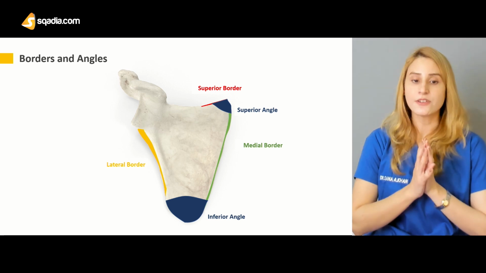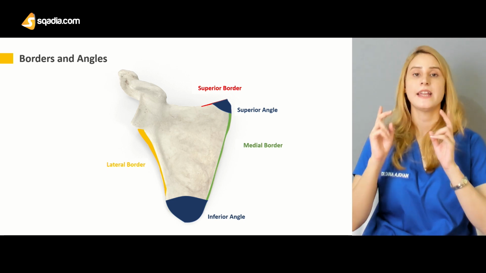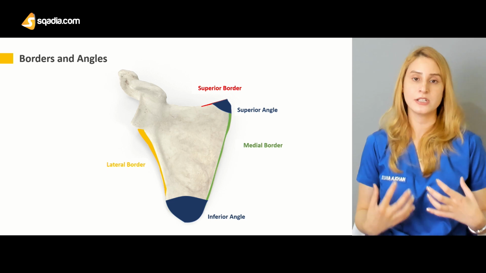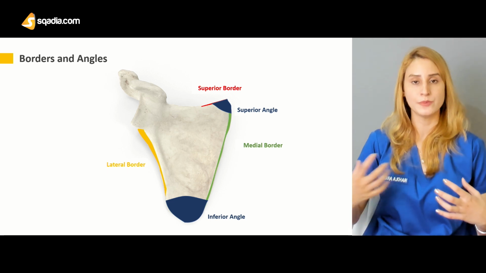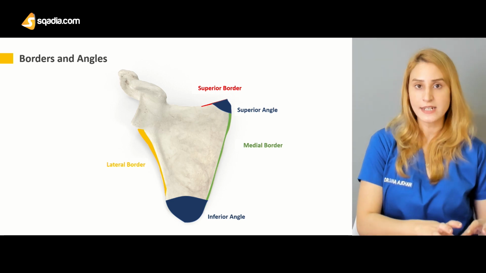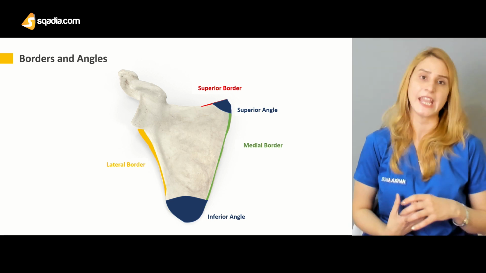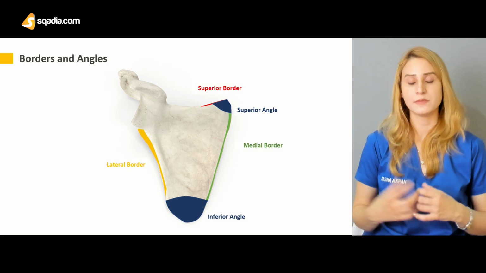So remember, three angles, two surfaces, and three borders. Okay, so superior border, lateral border, and medial border. The lateral border makes up the glenohumeral complex, and the medial border is related to the thorax, the costal margin in the rib cage, and the vertebral column as well.